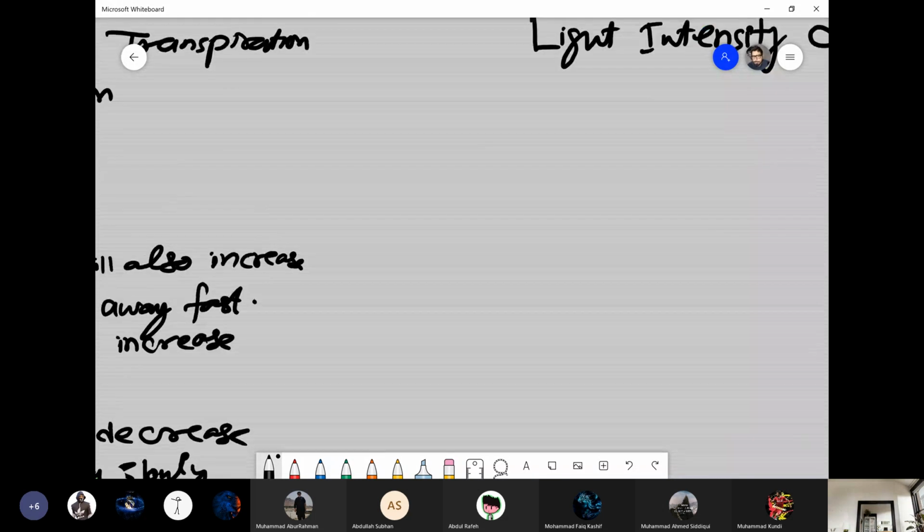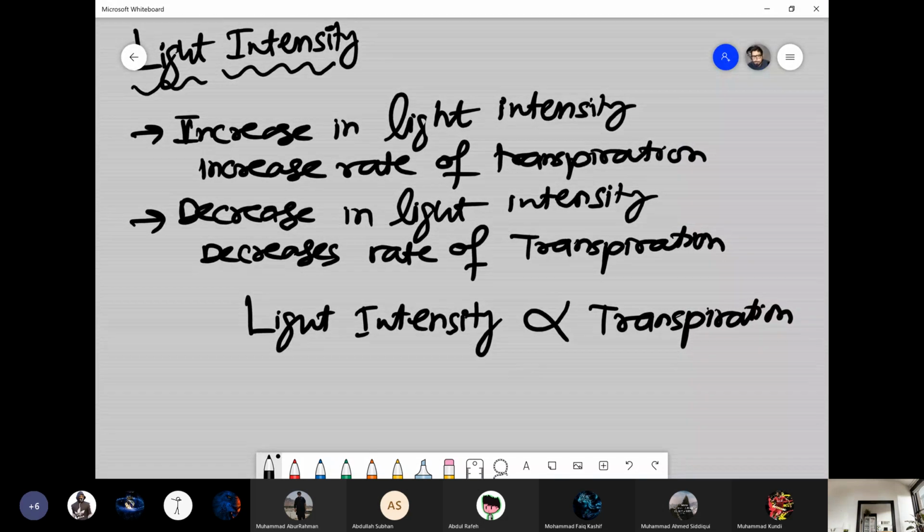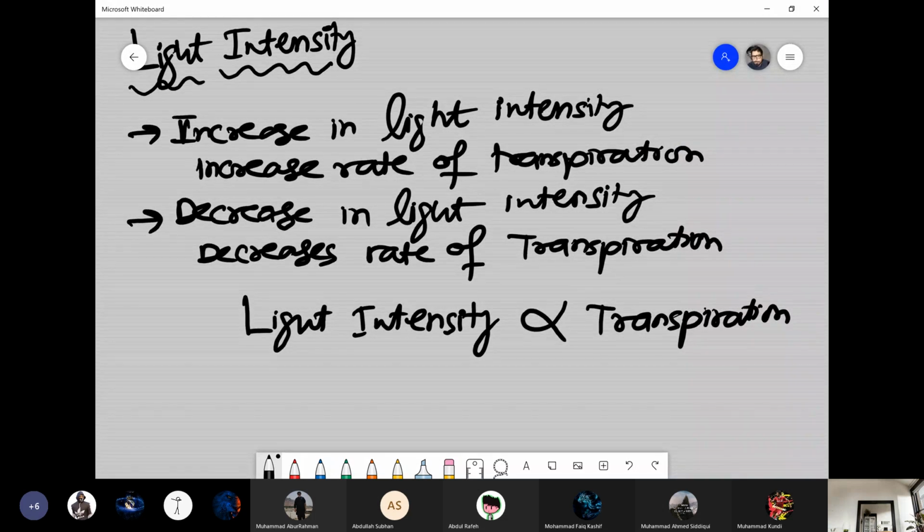Same effect the light has. When the light falls onto the plants, their leaves, what will happen? It will make the water molecules move faster because the light energy will convert into heat energy. So because of that, the rate of transpiration will increase, right?